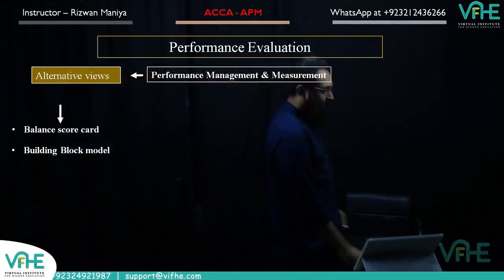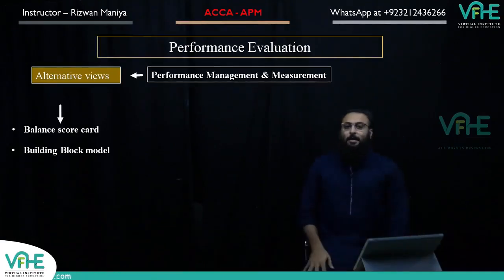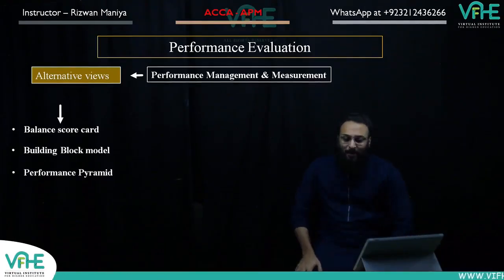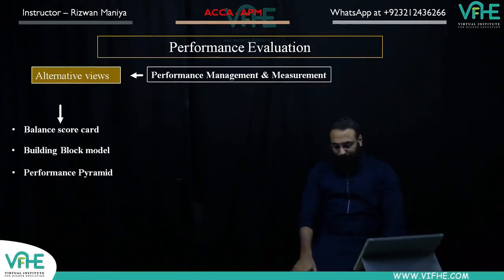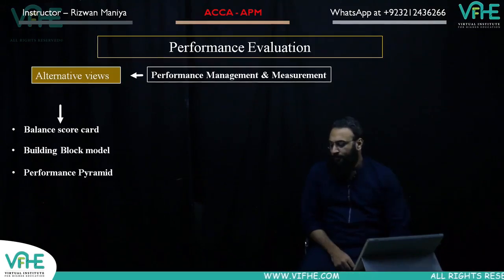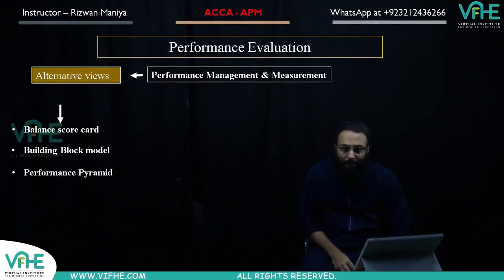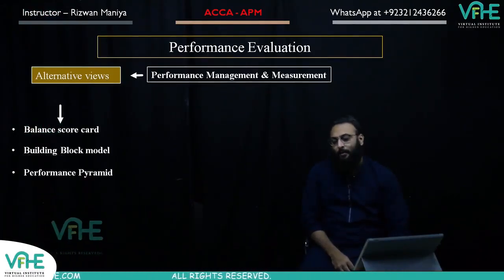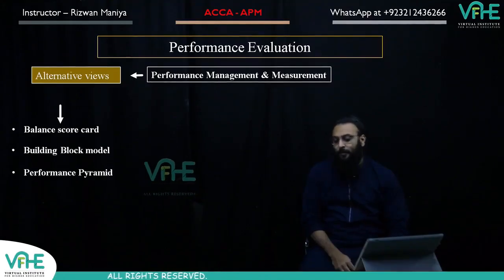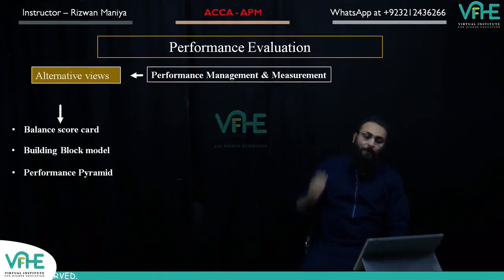Right. Let's further continue. The next model is the performance pyramid. Very useful one. The performance pyramid considers the hierarchy of the organization: strategic level, tactical level, and operational level.